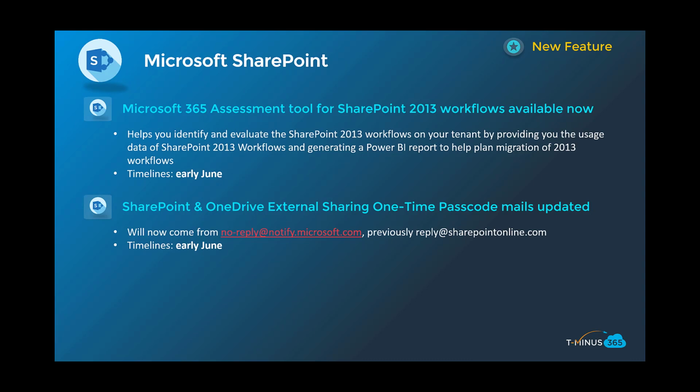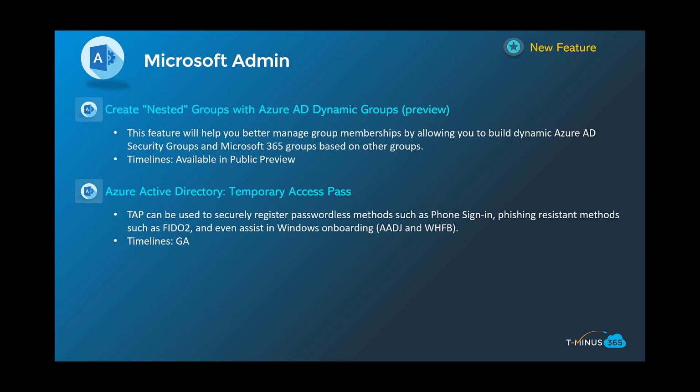So you may have whitelisted this or done something within your customer organizations because they've complained about not getting these one-time passcodes potentially. So just note you may have to make changes there, or just kind of look out for these to make sure that they're getting delivered. Again, that'll happen early June, so likely already within the organizations today.